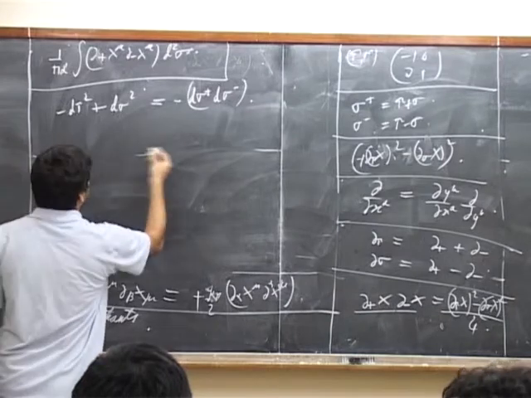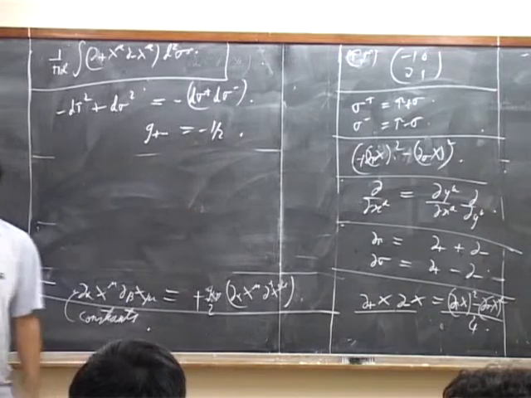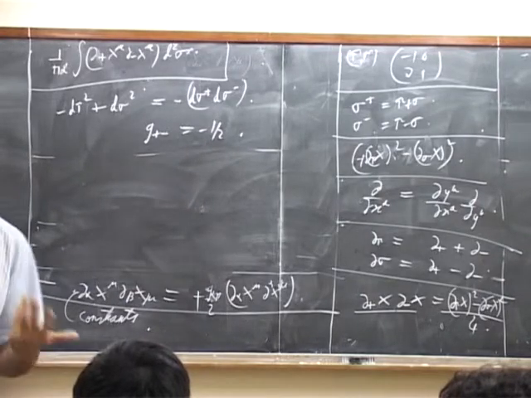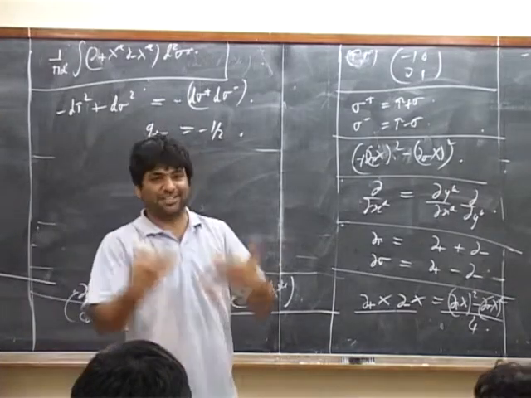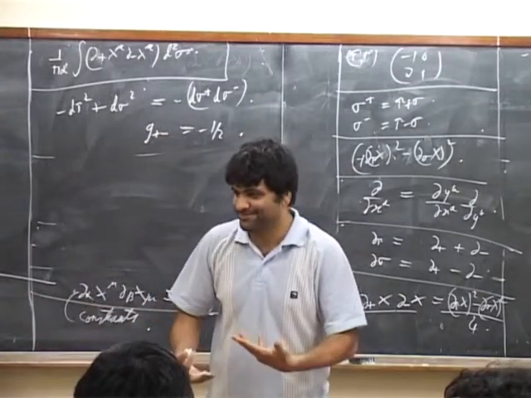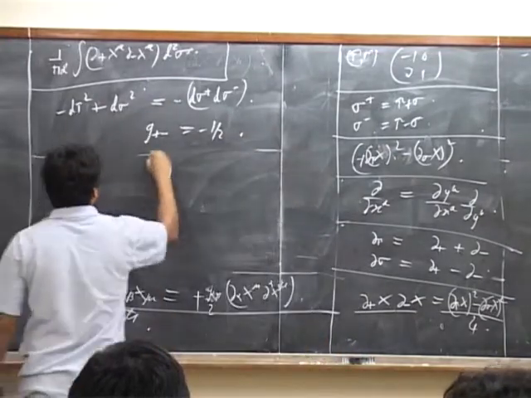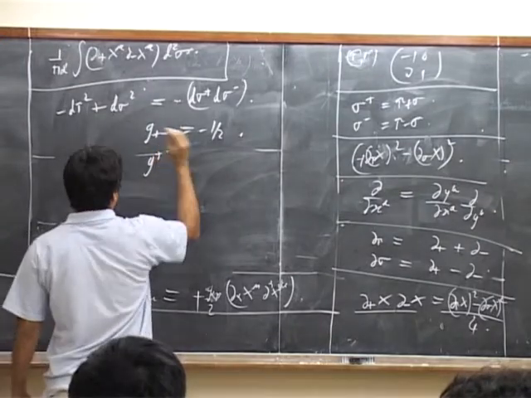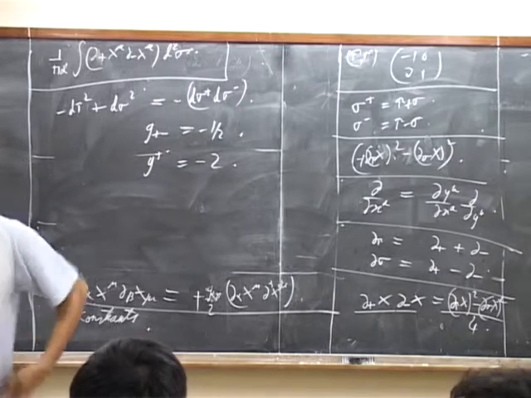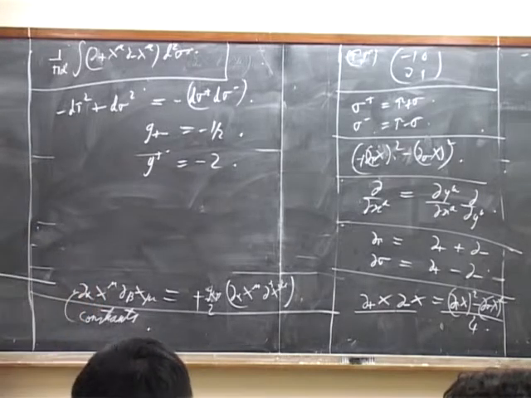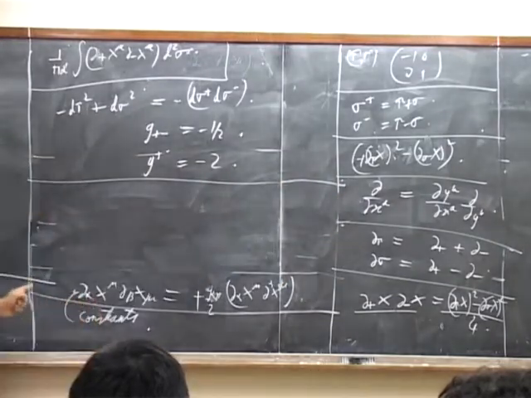Which tells us that G plus minus is equal to minus half. There's a factor of half between what we've got here and what we've got here because the metric is symmetric. There are two terms, because G plus minus is the same as G minus plus. Which tells us that the inverse G plus minus is equal to minus 2, when we invert.